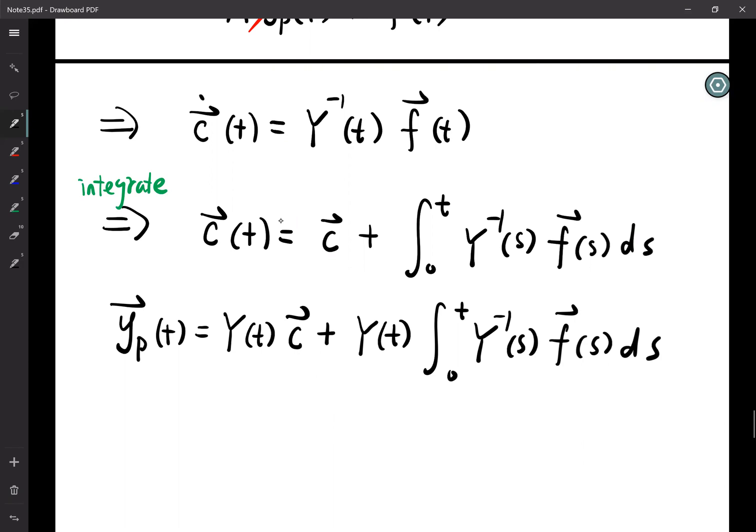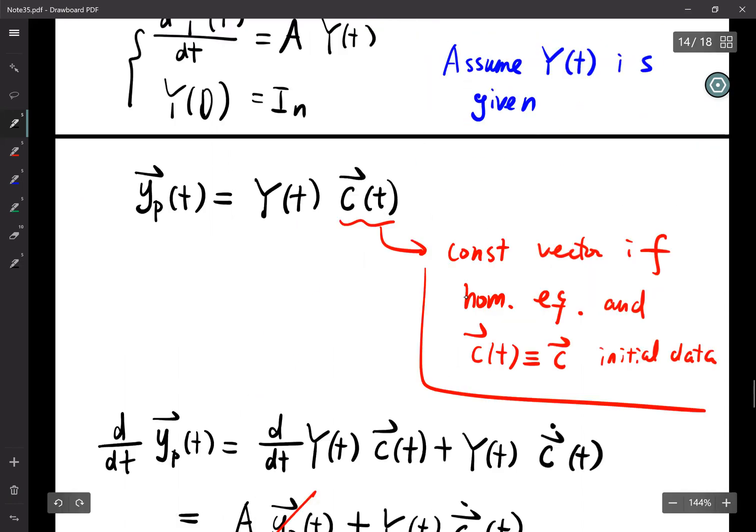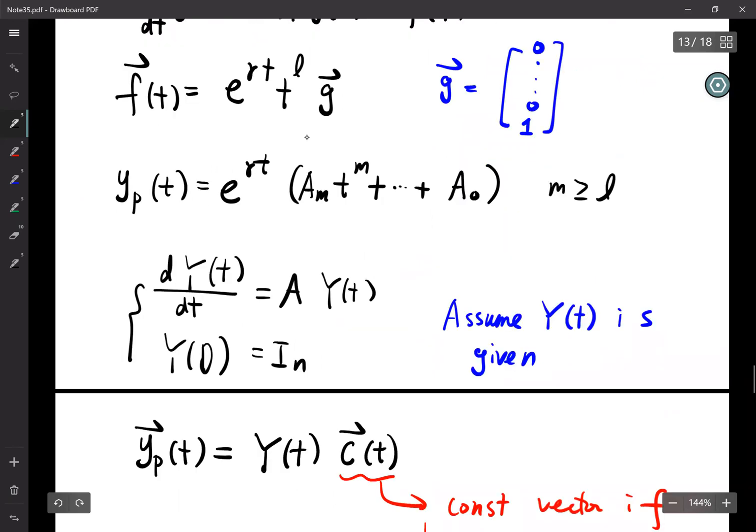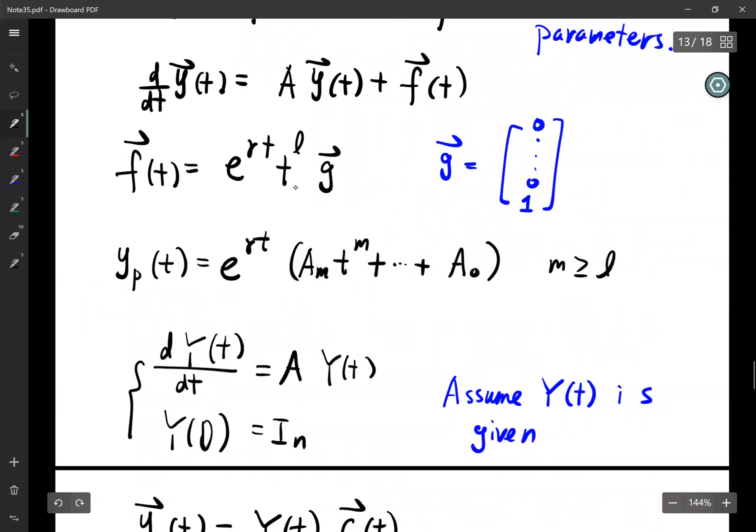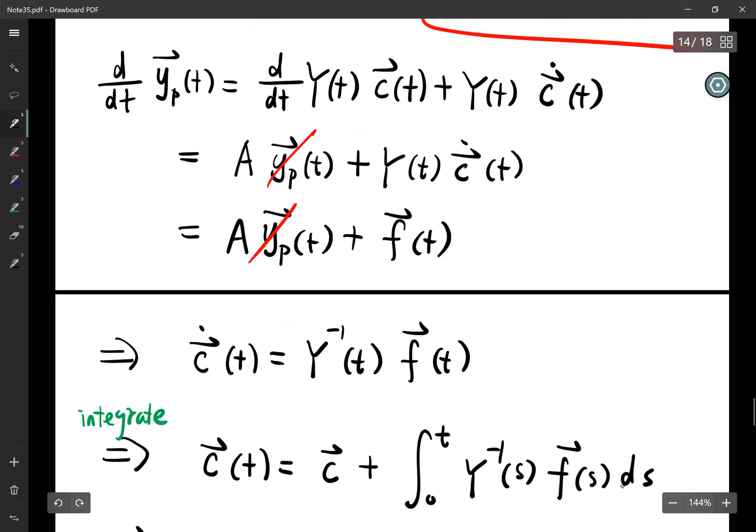You integrate it out, multiply with that Y, and you will get that. And in the book, there are more detailed examples showing you a more consistent way of understanding the formulation here and the formulation here.